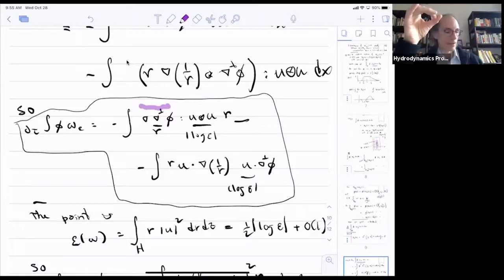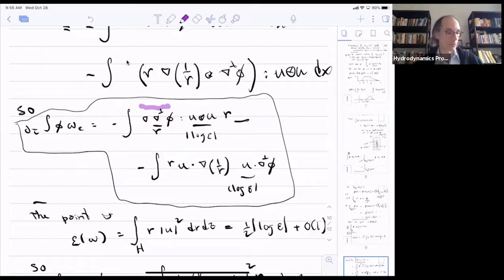And so if we can show, for example, that the L2 norm of u is, I mean, we know that u squared over log epsilon is order 1. If we can show that the L2 norm is concentrated near the center of vorticity, then in fact the first term, we don't have to worry about it. It's not there. And then if we can understand, we'll look at this in more detail and see what we need to do.